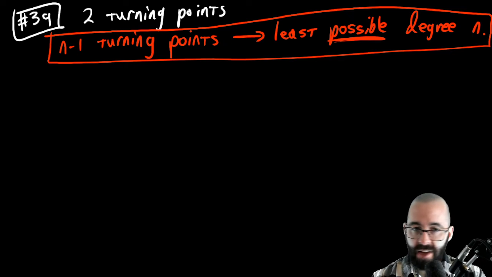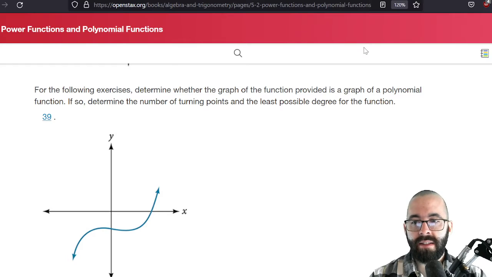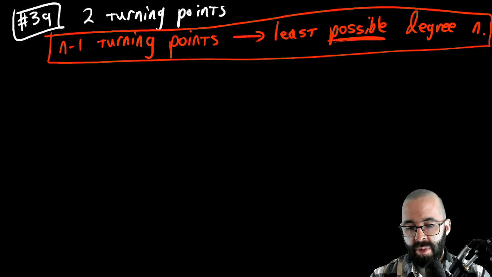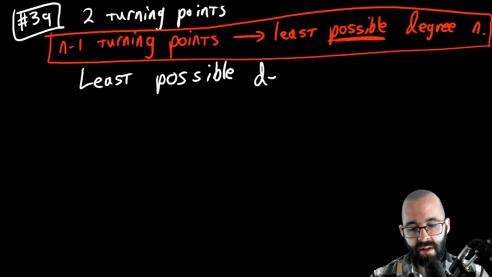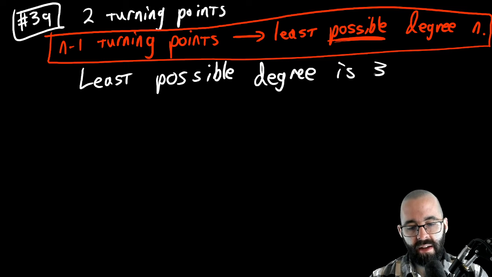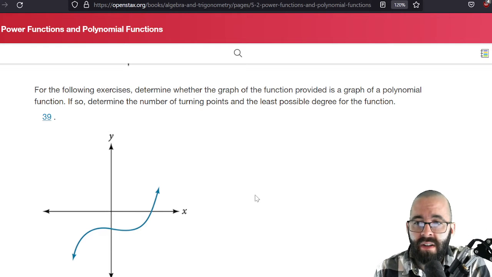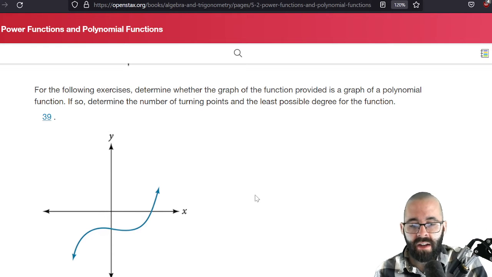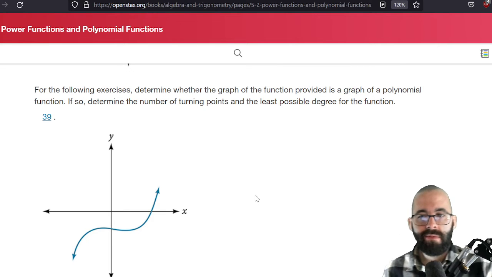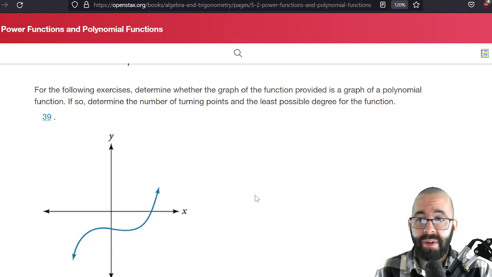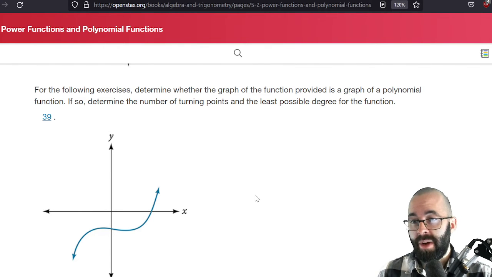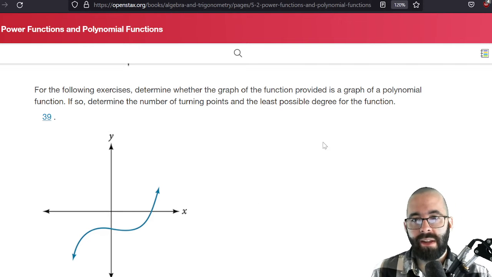And again, it doesn't tell you exactly what n is, but it tells you the smallest possible n. Least possible degree here is 3. It looks like a cubic polynomial, but it could be a 5th degree polynomial. We just don't know. Could be a 7th degree polynomial. We know it's odd because of the end behavior. And we know it can't be less than a 3rd degree polynomial because it has 2 turning points, but we don't know anything more than that.